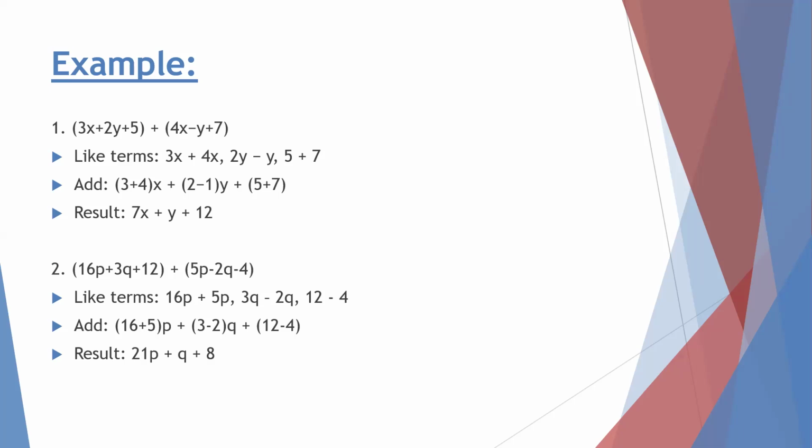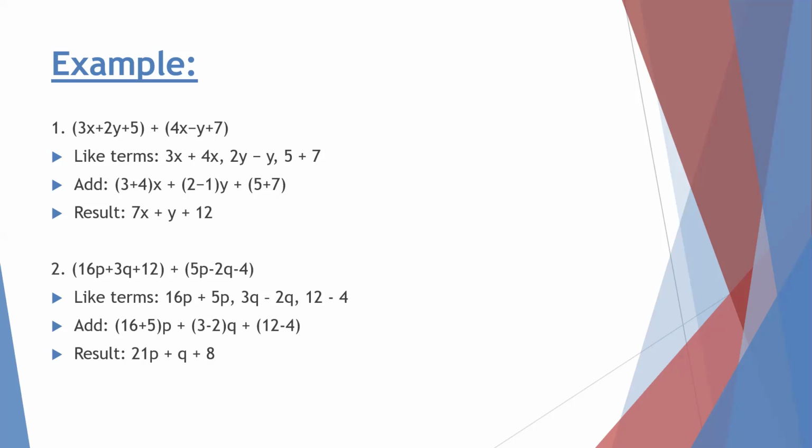Now we need to add all the terms together the same way we did in the first one. So add all the terms together and the answer you get is 16 plus 5 as 21p, 3 minus 2 as 1, which means q, plus 12 minus 4 as 8.